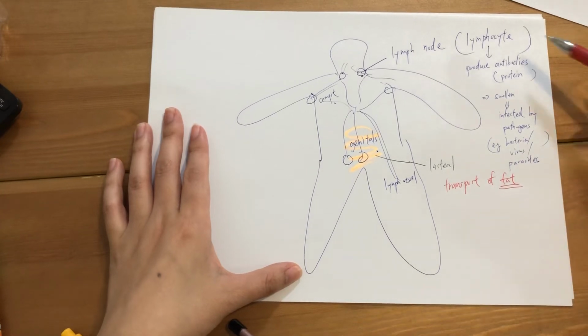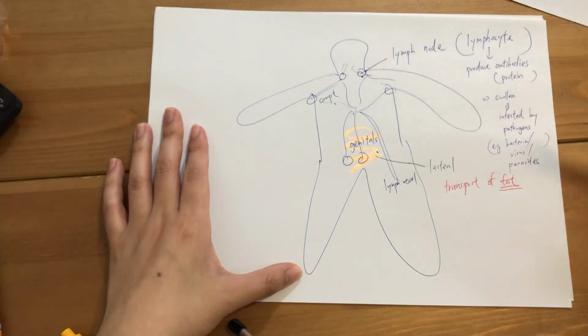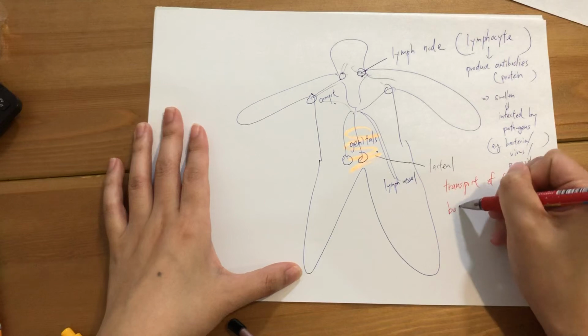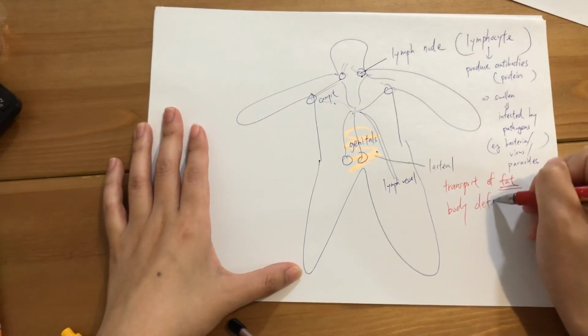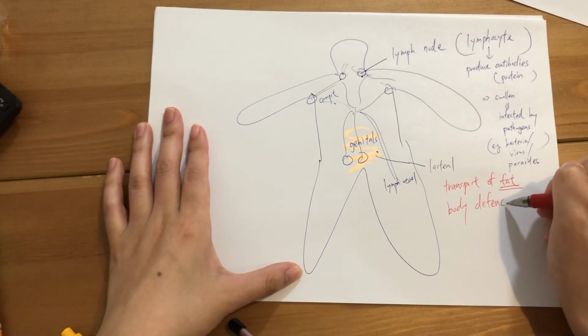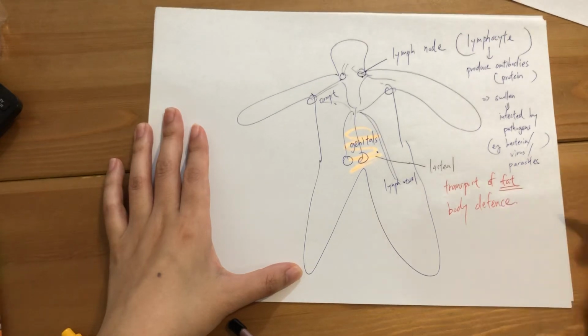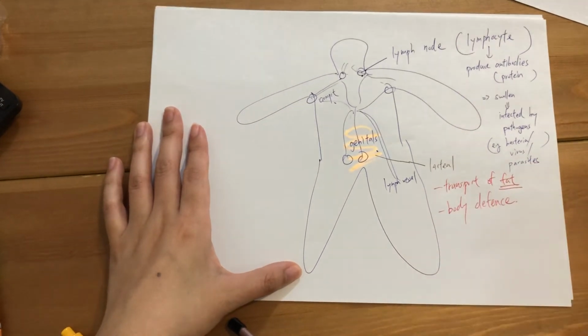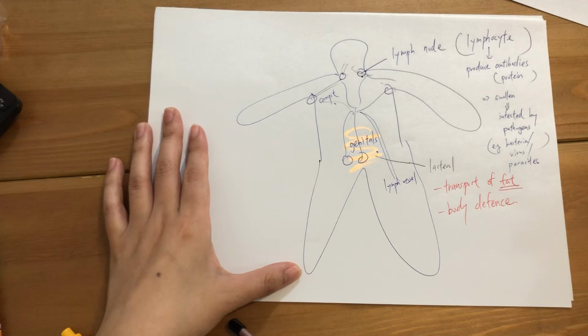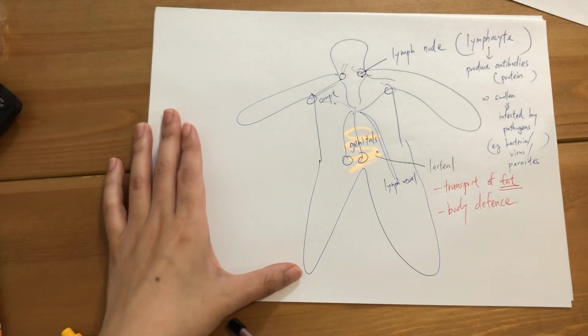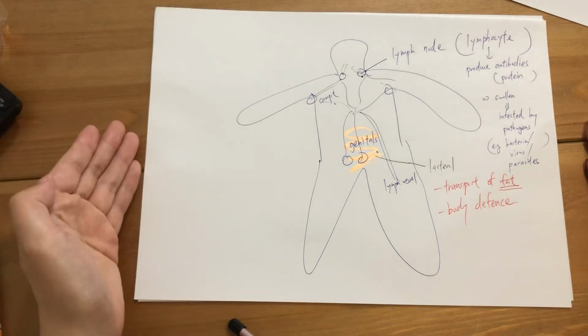The other one will be related to lymphocyte. It is for body defense. So two main functions, transport of fat and body defense. So that's the focus of the lymphatic system.